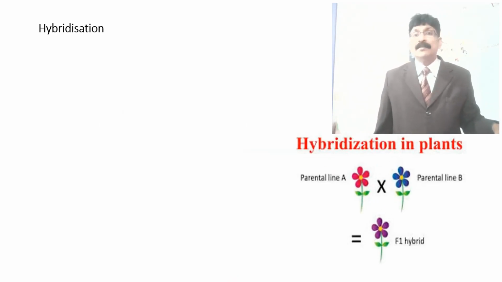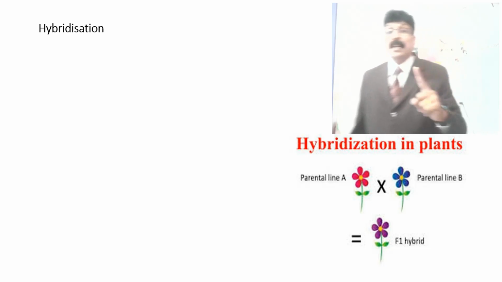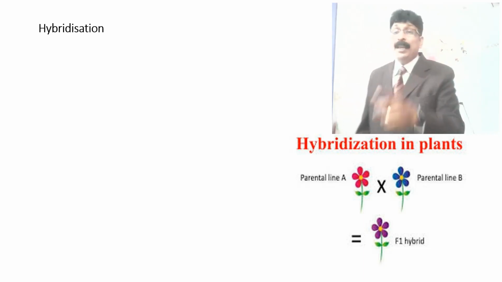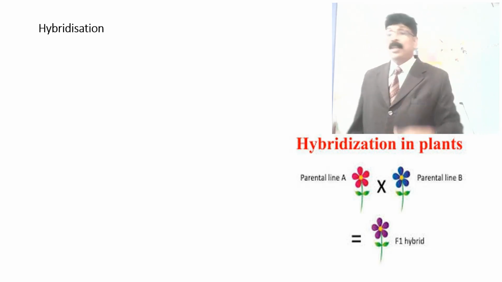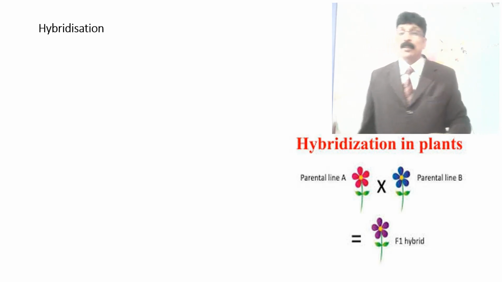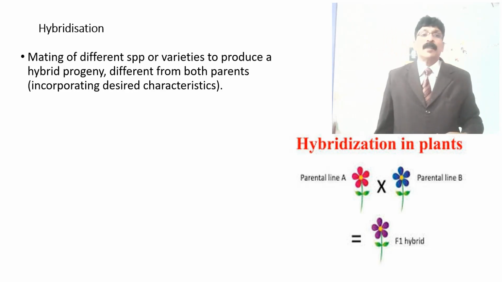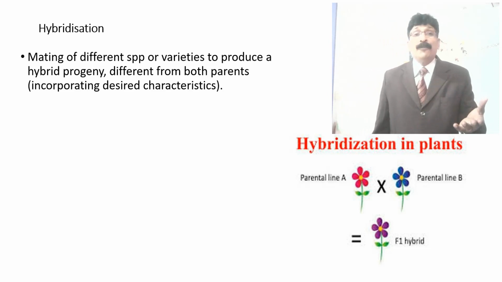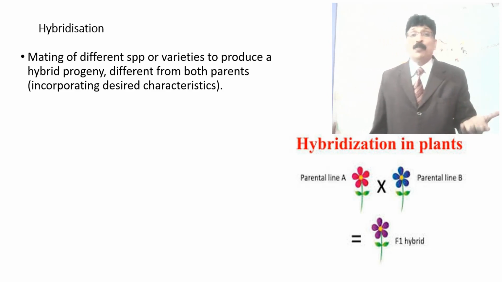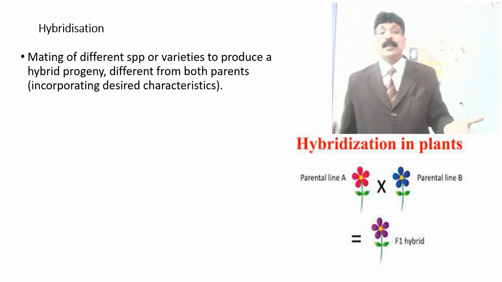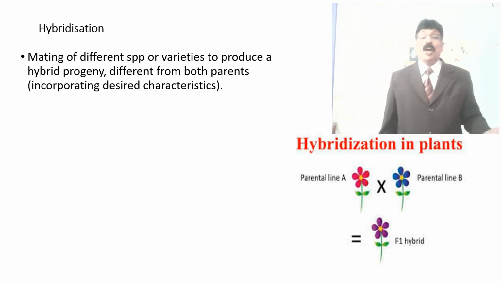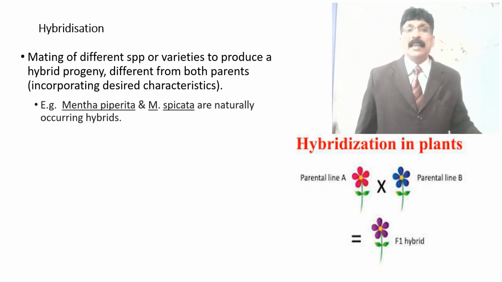Hybridization of the plant: parent line A has a flower, parent line B has a completely different color, say red and blue, and it becomes maroon in the F1 hybrid. So mating of different species or varieties to produce a hybrid different from both parents, incorporating desired characteristics, as shown in the picture.